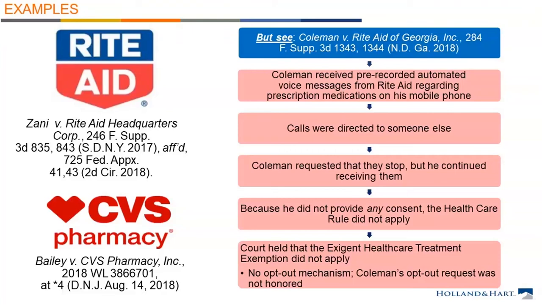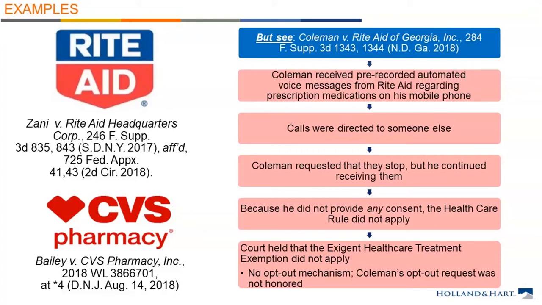The defendant, Rite Aid, tried to invoke the exigent healthcare treatment exemption, but that also did not work. One of the reasons was that no opt-out mechanism was provided to Mr. Coleman, and when he tried to opt out, meaning when he requested that they stop, it was not honored.